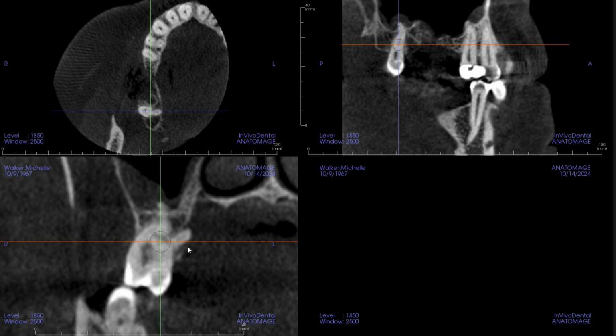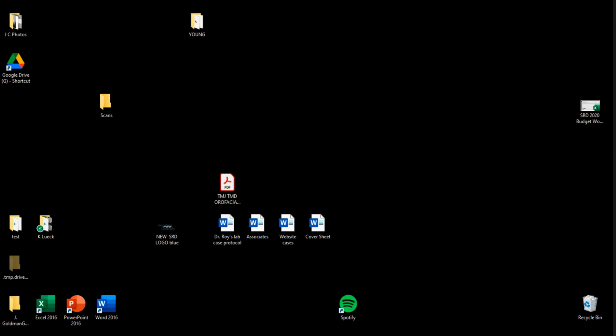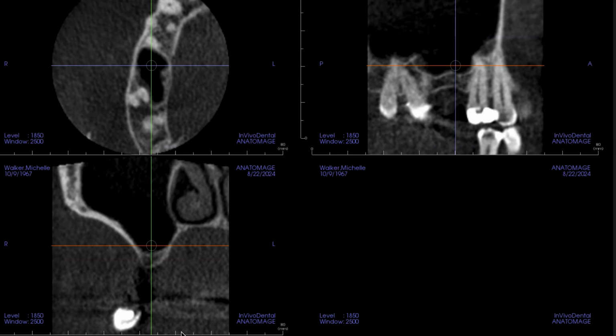So my thought is that this root was infected, or just the opening created the ability for bacteria to travel down into this little area right here, which reminds me, let's see if this was present on the other CAT scan. And it was not.